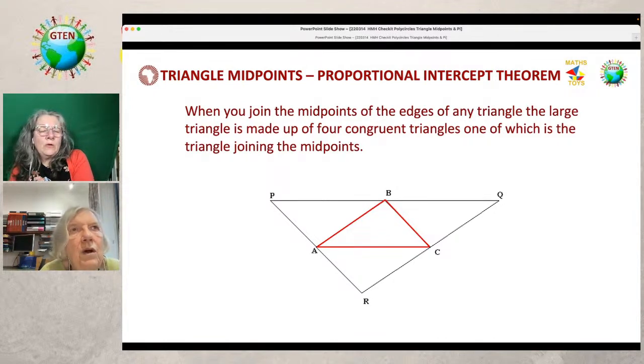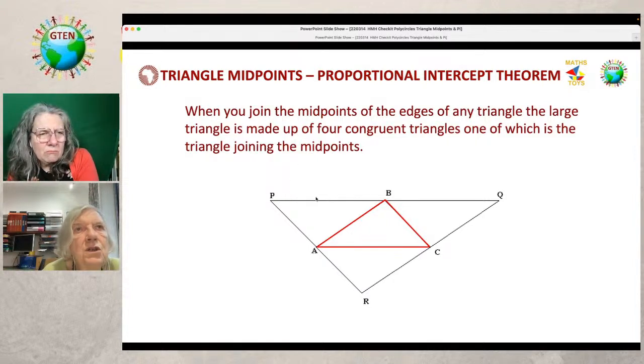So basically, 4 triangles that are just rotations of each other. And what's more, PBCA is a parallelogram.